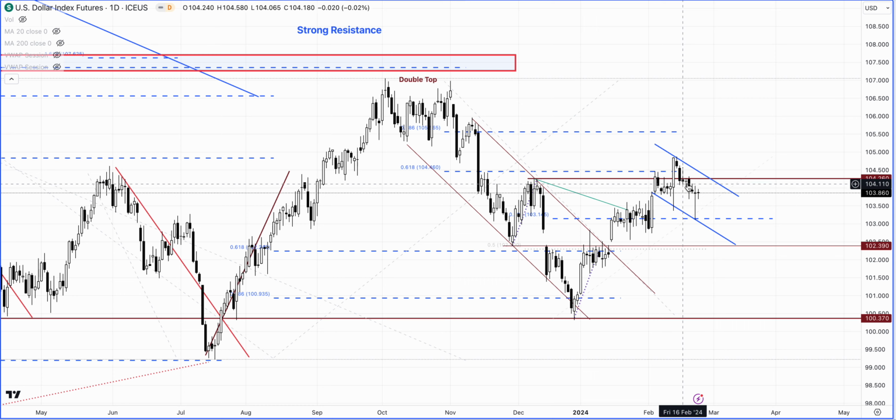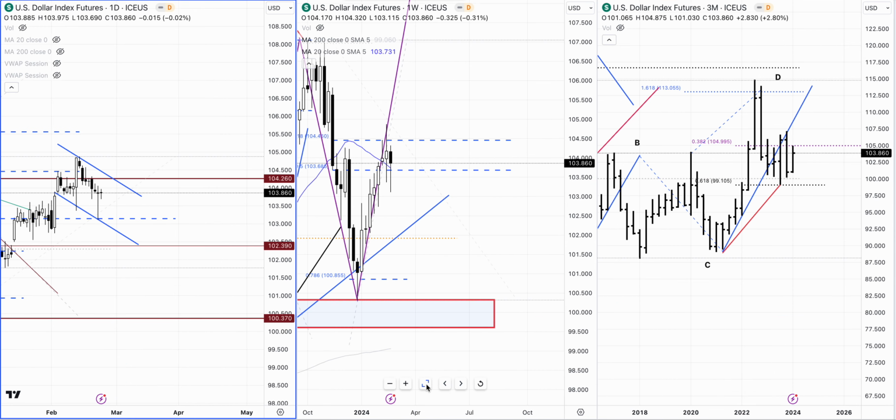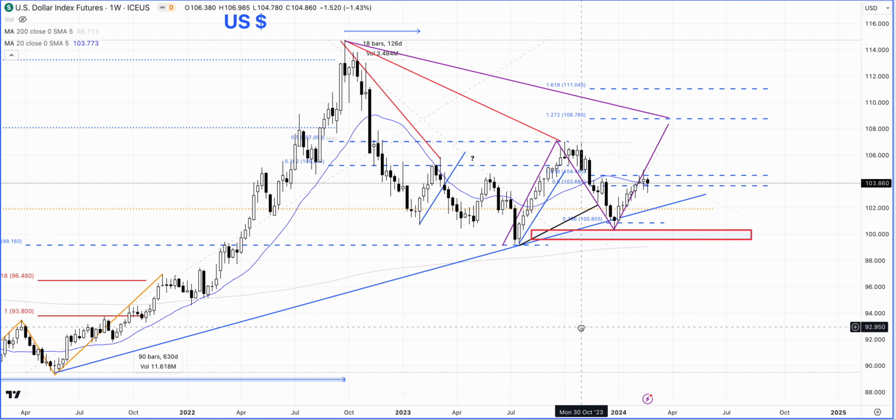This 61.8% retracement was providing us with some resistance, and we had a really strong move on 13th of February 2024, but the market retraced all of that, and now we have this channel formation. The interesting thing is, I'm going to show this to you on the weekly chart because it's easier to see on the weekly chart.